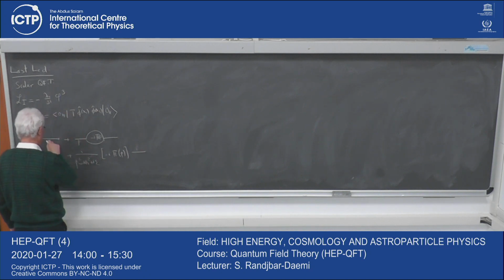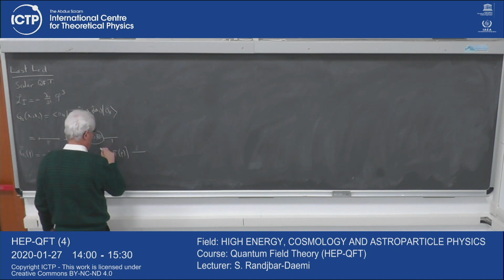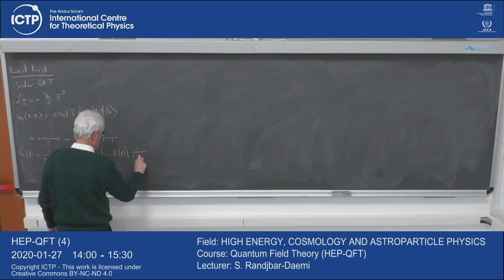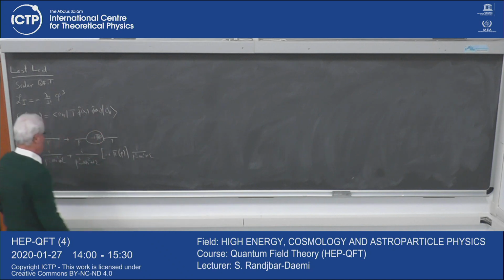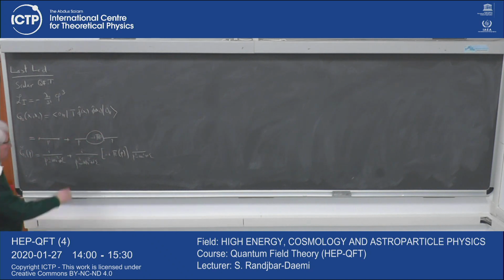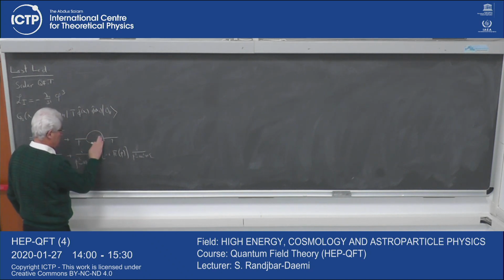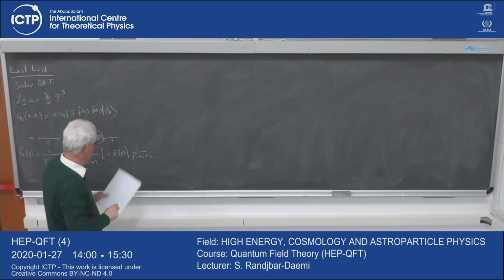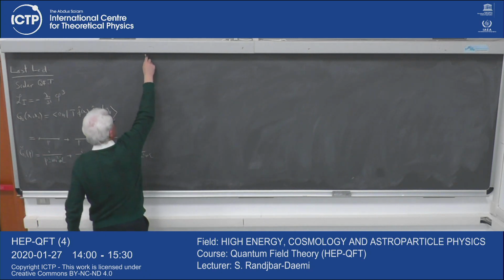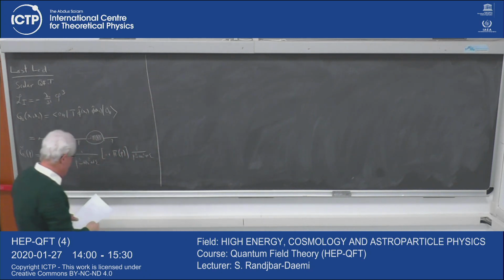So this is p, p, p. So this was the real problem, to calculate this blob here. Okay? That's the loop part. The rest is just factors which multiply that in the one-loop correction.